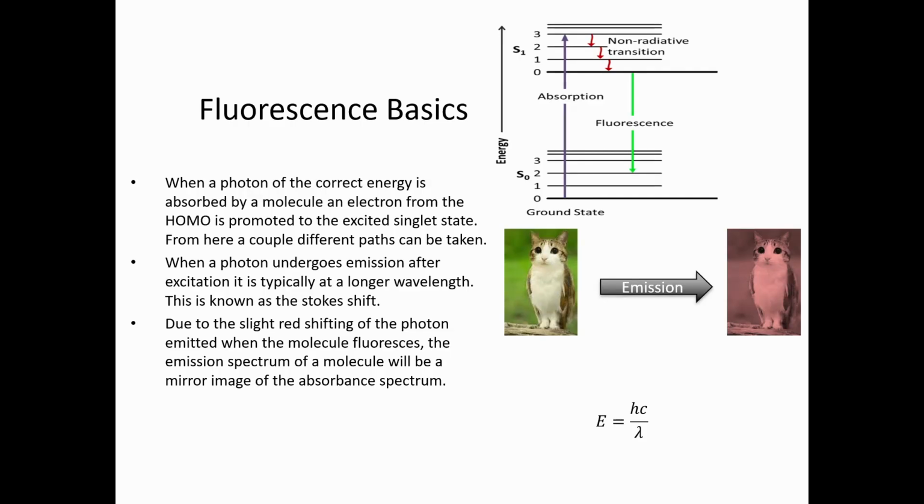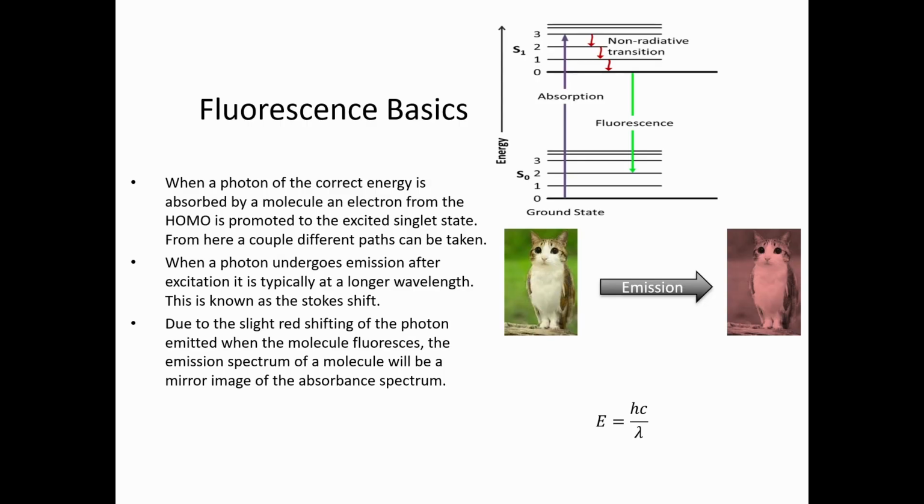When a photon undergoes this emission, it's typically at a longer wavelength than the excitation, and this is known as the Stokes shift. And this is due to the equation in the bottom right, E equals hc over lambda. So we can quantify the energy of these emissions by the length of the arrow in the top right figure.